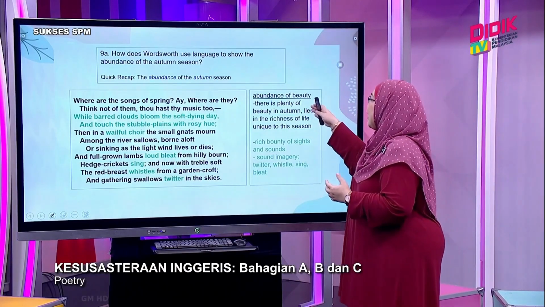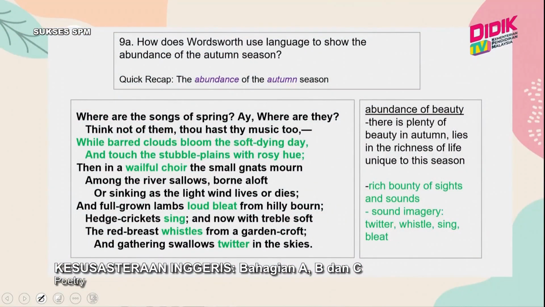But when we're looking at abundance of beauty in the autumn season, Keats is actually paying tribute to autumn by saying, beauty is ever present in the autumn season. It lies in the richness of life that you can actually only hear and witness when the season comes around.